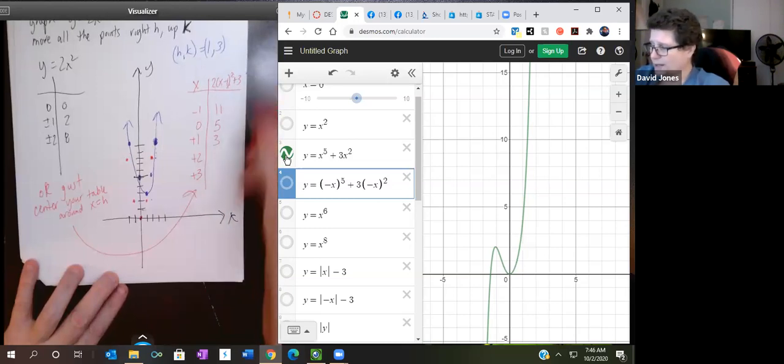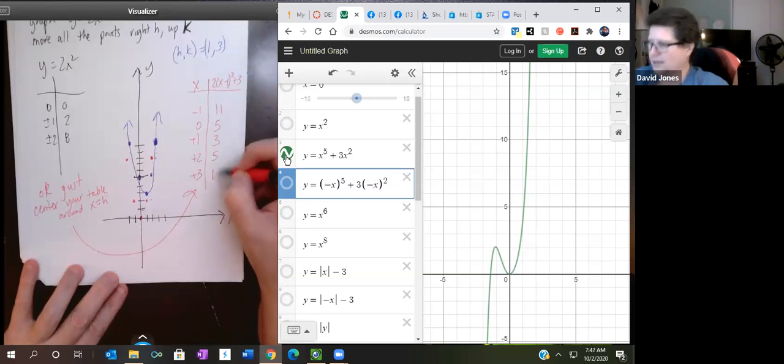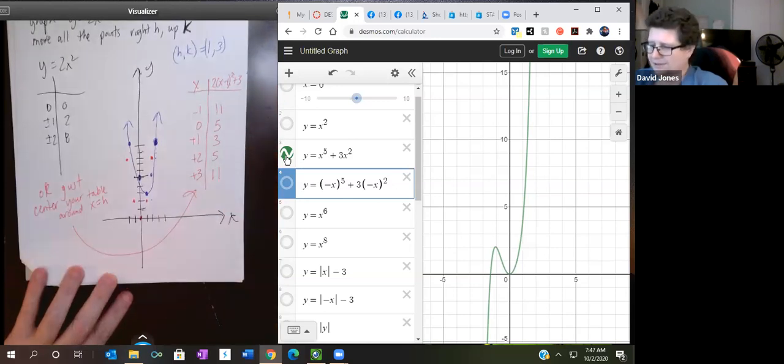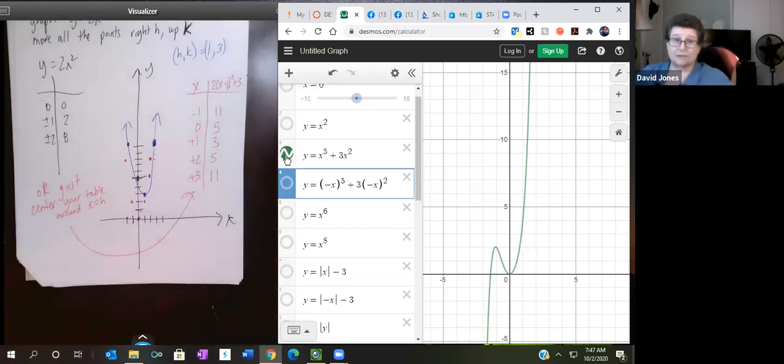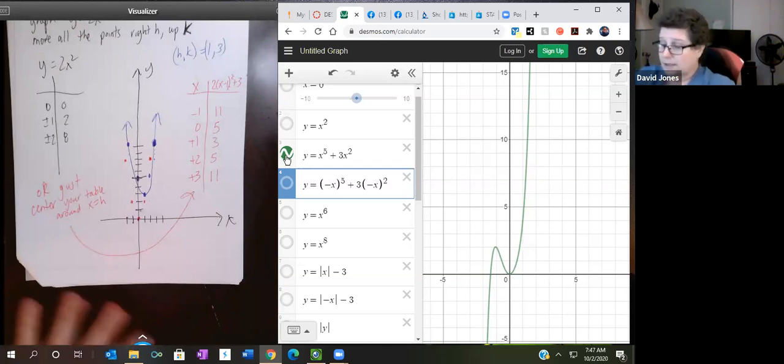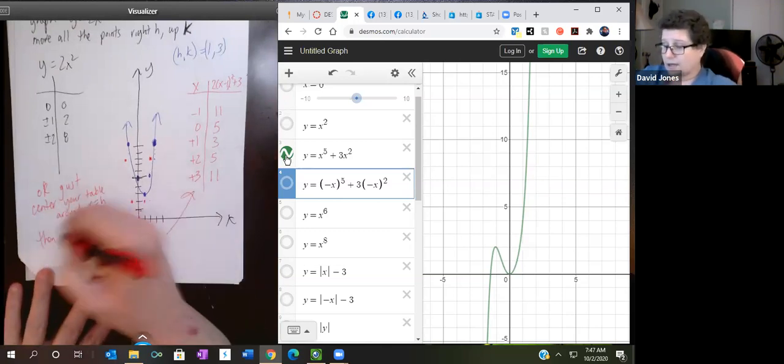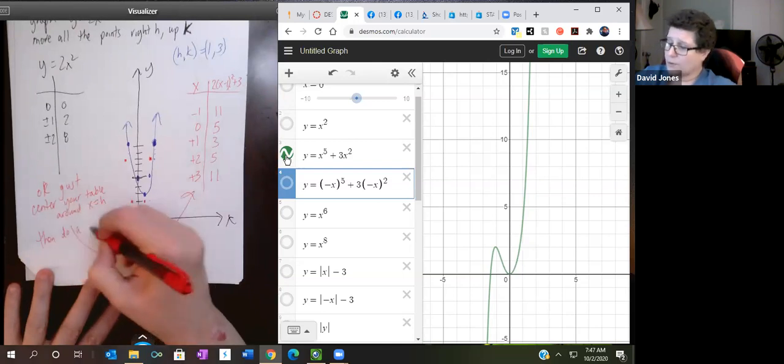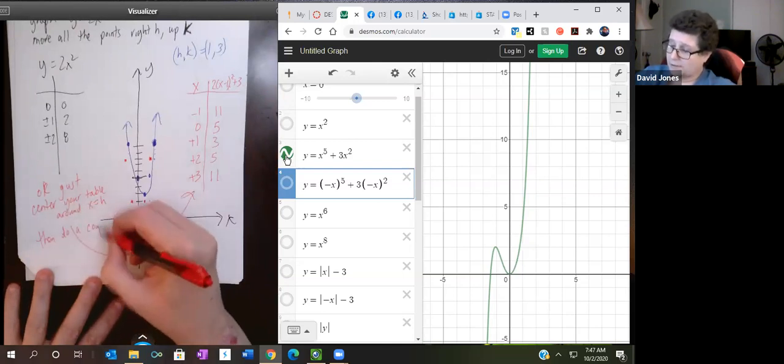If I put the 2 in, I should start getting a repeating thing like that. So that's another way. Just center your table around x equals h, and go a couple points left or right. Do a couple x less than and greater.